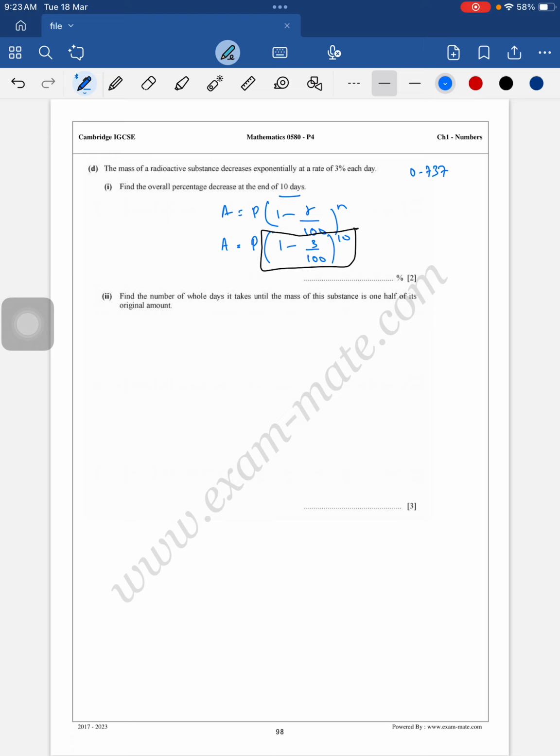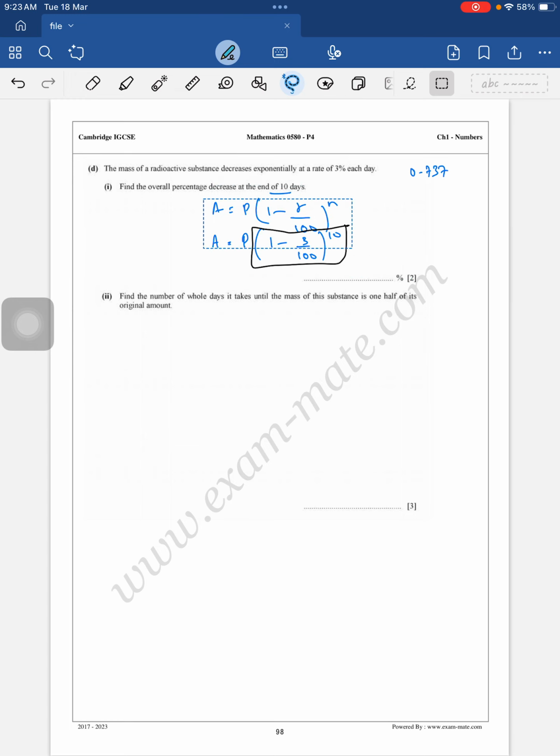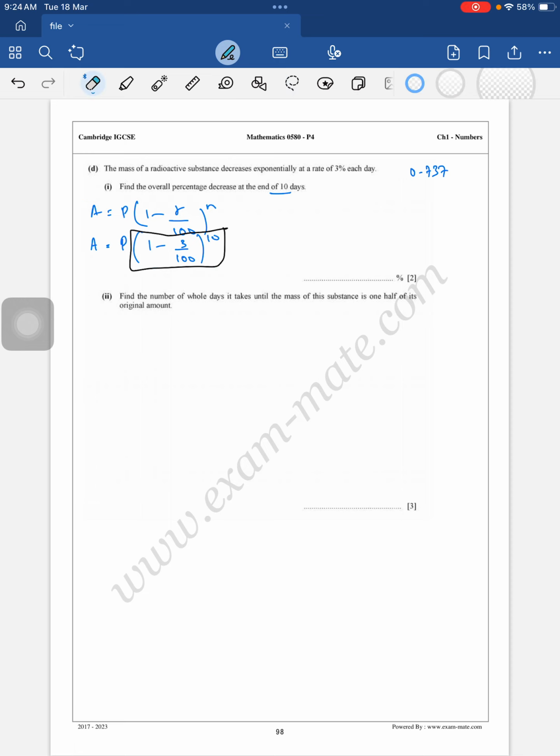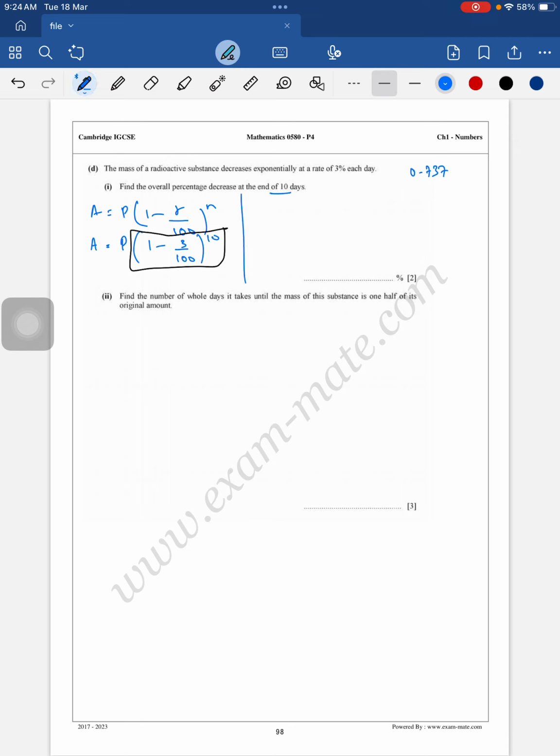Now percentage decrease means we have to use this formula. The actual value was 1, and the now value is 0.737, so 1 minus 0.737 upon 1, multiplied by 100.